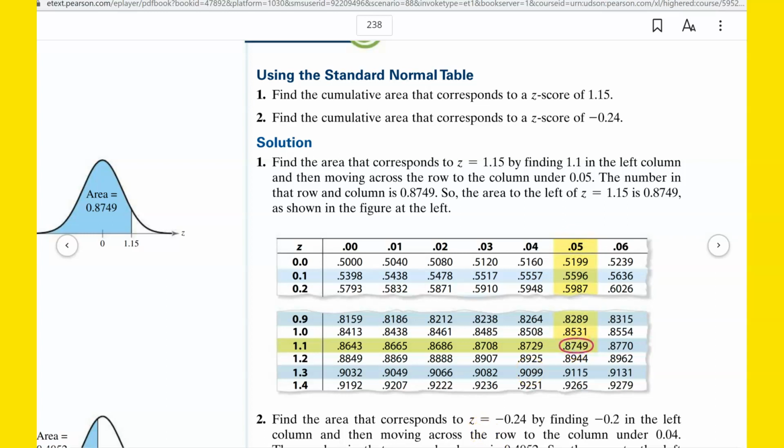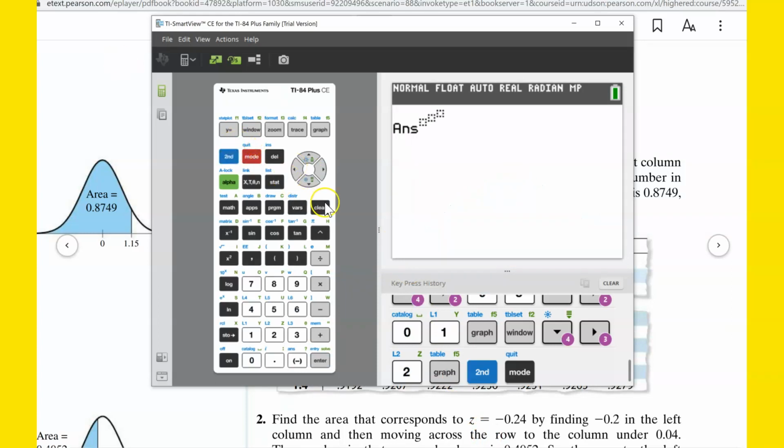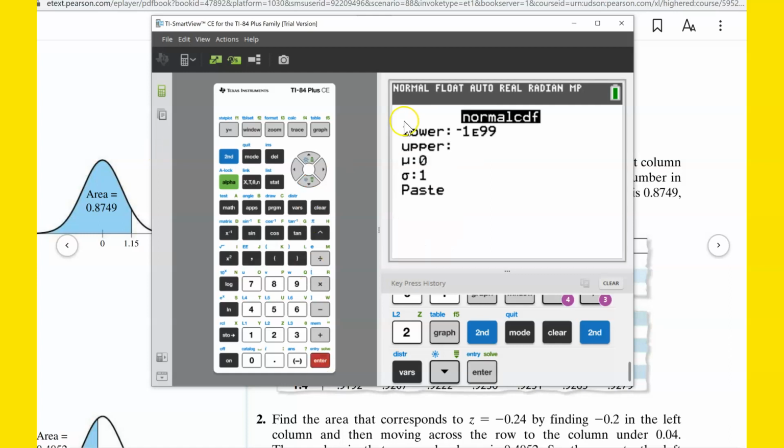Now what I would recommend you do is go to your calculator and go to second distributions, go to normal CDF, normal cumulative density function or cumulative distribution function. All right, the lower bound and the upper bound.